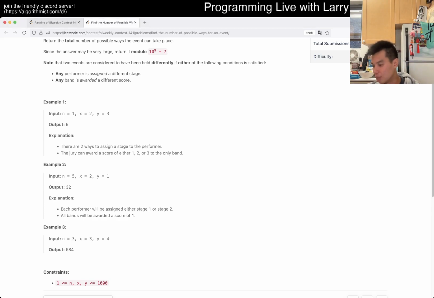And then out of those two groups, we have 2 to the 3 to the n. Wait, what is n again? Okay, so you choose 3 stages, and then each of the person. So 3 to the, that doesn't make sense though, then, right? Oh no, there's 3 stages, so there's 1.